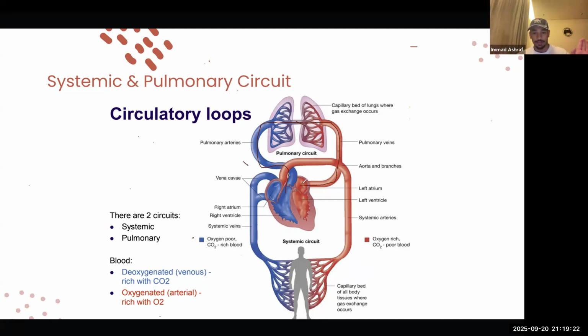That's the pulmonary circuit. Now, the systemic circuit is the left ventricle. The blood leaves the left ventricle, becomes the aorta, becomes arteries, becomes arterioles, becomes capillaries. Capillaries diffuse with the cells. Okay, diffusion done. Now, all the oxygen is done. Now there's carbon dioxide, toxins, waste from the cells.